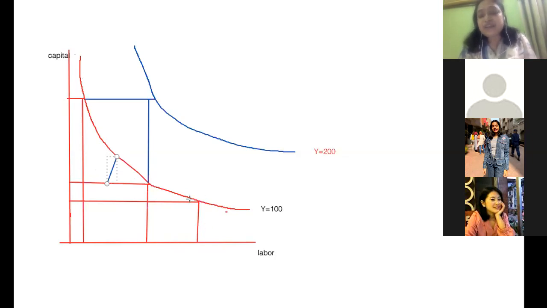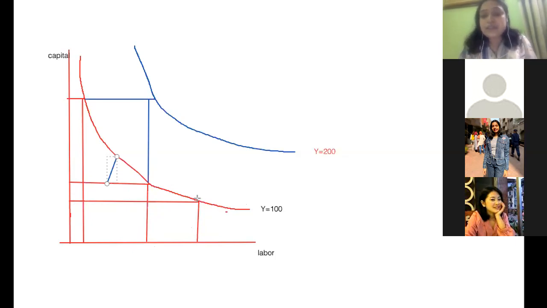Whereas if you're in the flatter part of the isoquant in this region, then to gain a little bit of capital, you are willing to sacrifice a lot of labor. Look at this flatter part of the curve. If you want to increase your capital by a little bit, going from here to here, you as a firm are willing to substitute this amount of labor.